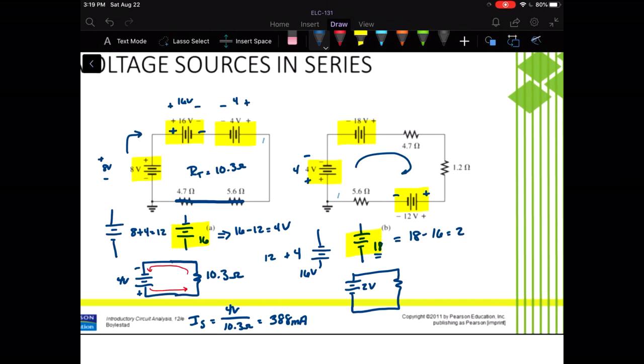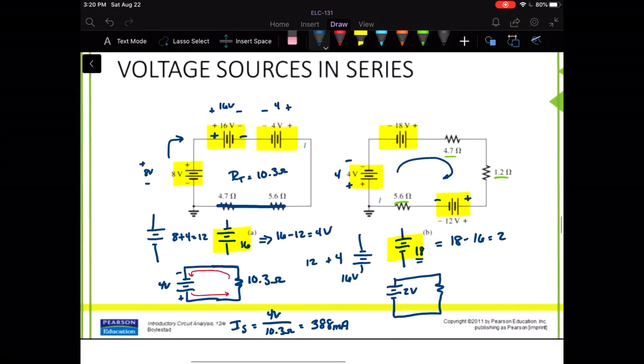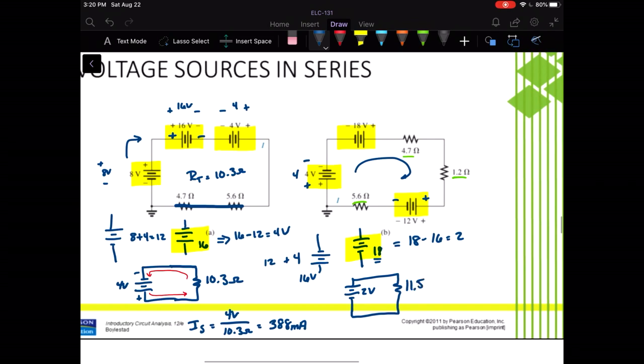The total resistance is 4.7 plus 1.2 plus 5.6, which is 11.5 ohms. Plugging that into Ohm's law, I sub S is 2 volts divided by 11.5, which is 174 milliamperes.